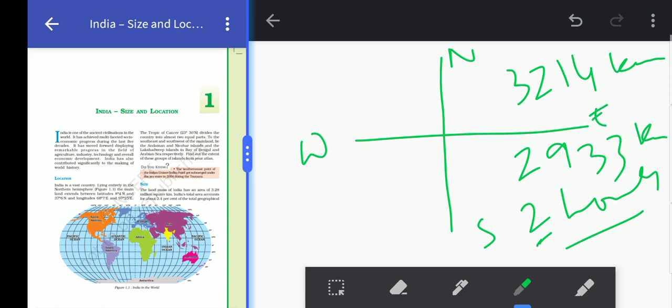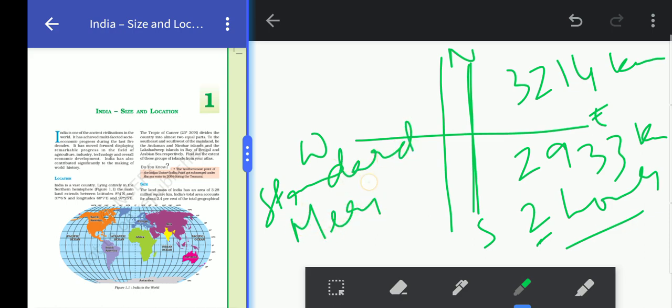So to maintain this kind of difference, because we need to maintain the same time as we are the same country, the country follows the standard meridian. This passes right through this. That is known as standard meridian. Got it? The standard meridian of India passes through Mirzapur.